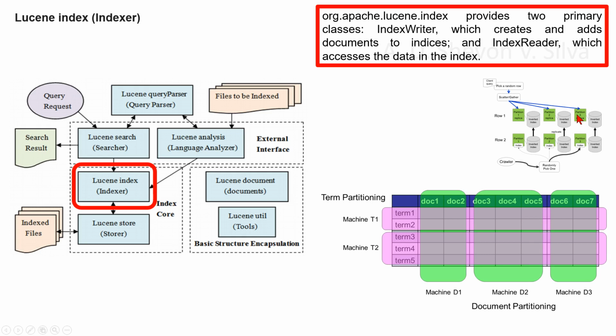Each machine will perform the search on its local index and return the top M elements to the query processor, which will consolidate the results before sending them back to the client.